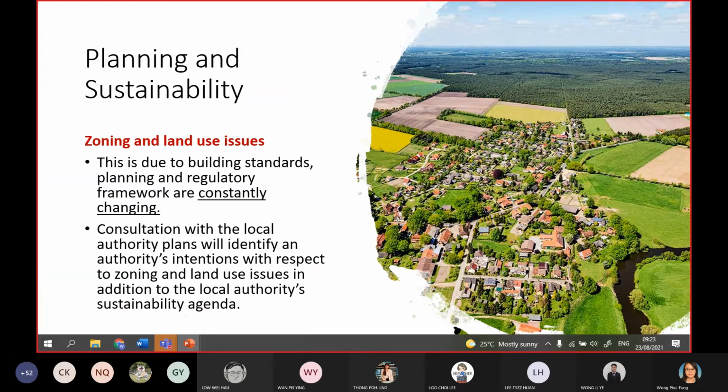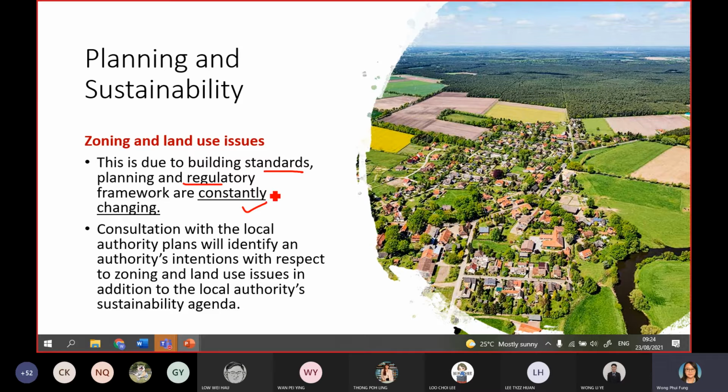Okay. This is due to the building standard, planning and regulatory framework constantly changing. These standards can apply in Malaysia. Our prime minister lah, our minister lah, our law lah change very frequently, constantly changing. So when there is a change of the new government, they will change the regulation, they will change the law.